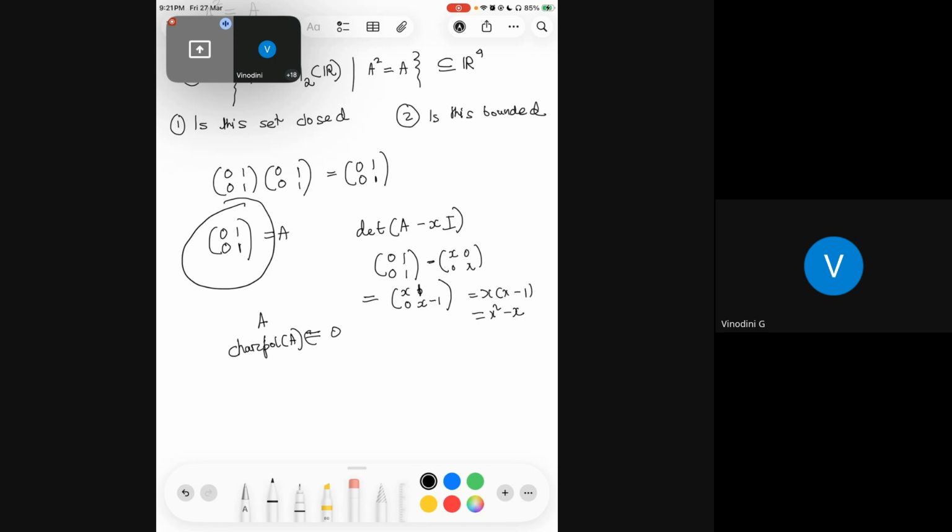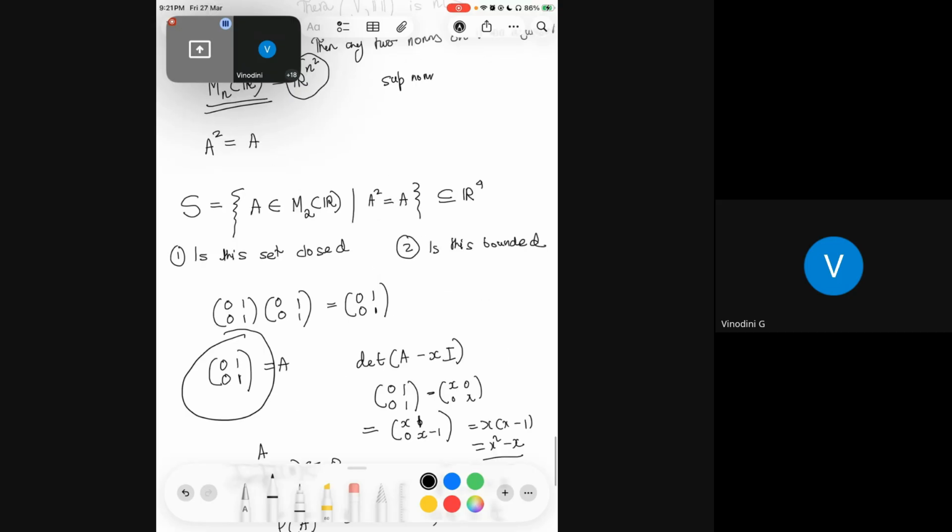So if the characteristic polynomial is f, then f of A is a zero matrix. This is also the minimal polynomial. Since x squared minus x is the characteristic polynomial, that means A squared minus A equals 0, so A squared equals A.